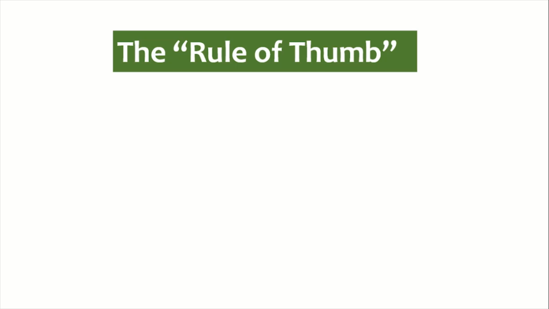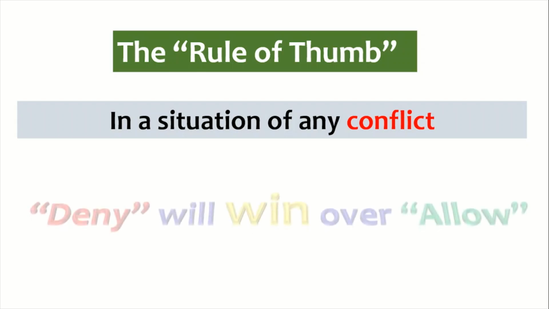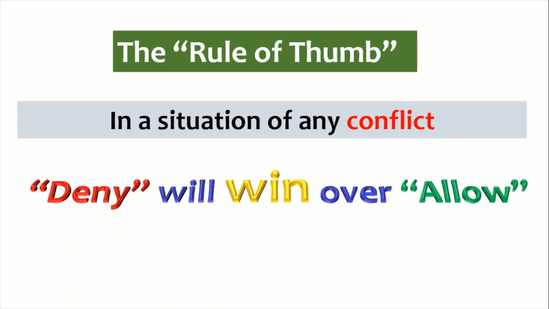Now let us understand the rule of thumb. As we know, policies are meant for denials, restrictions and prohibition. This rule of thumb is closely allied to the objective of any policy. There is a caveat here in a situation of conflict. If there is a conflict between two policies, where one policy says allow and one policy says deny, the rule of thumb says deny will always win over allow.